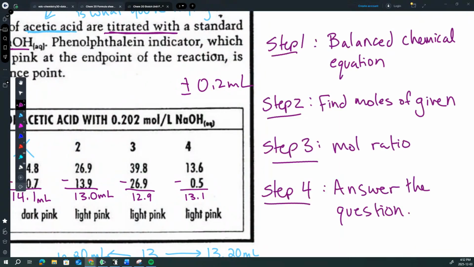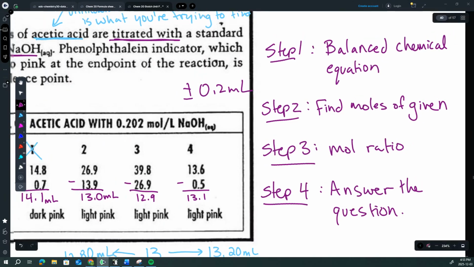Step 1, write a balanced chemical equation. Step 2, find the moles of your given substance. Step 3, use a mole ratio to convert your moles of your known substance to the moles of your unknown substance. And step 4, answer the question. Take your moles of your unknown substance and convert it into whatever units the question's asking for.